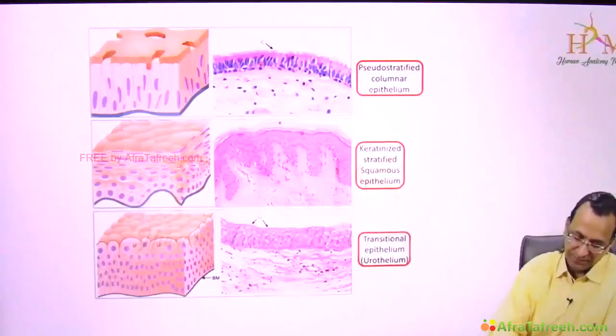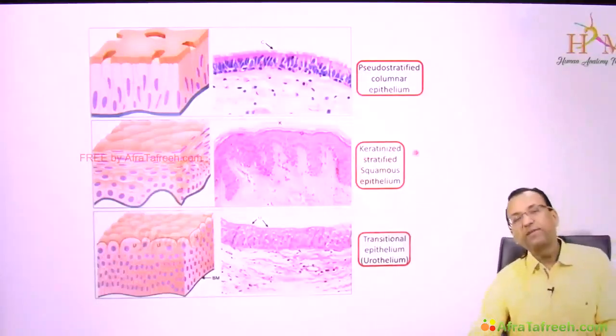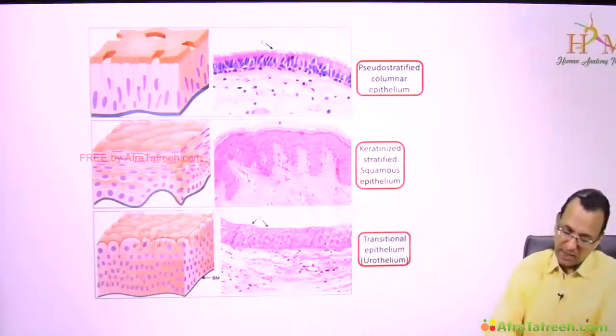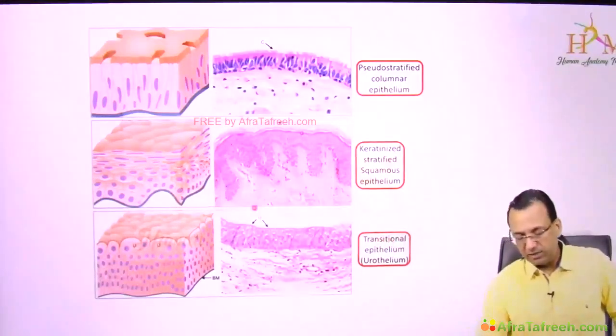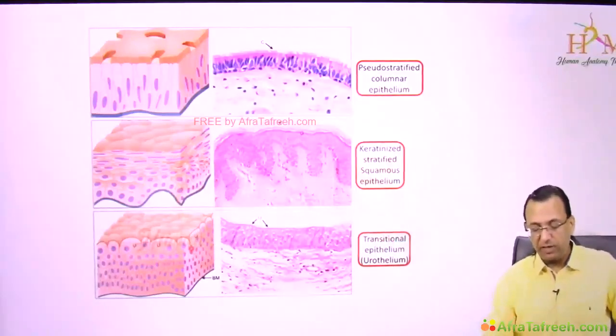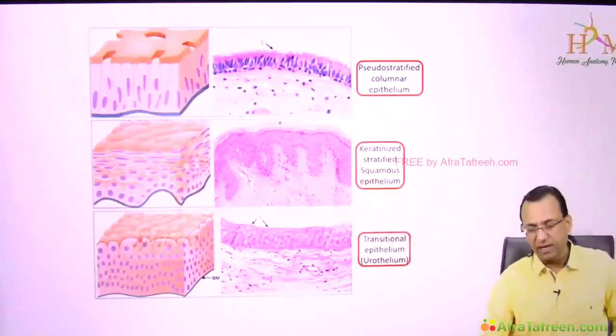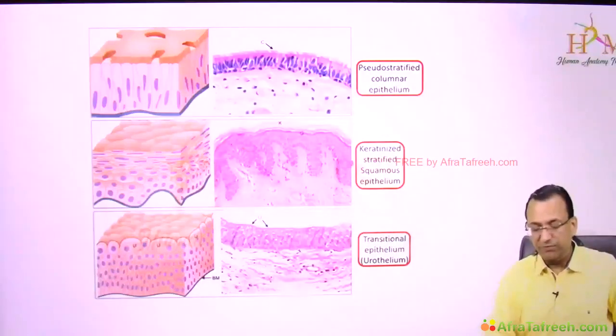How do you identify if it is stratified squamous, and how do you identify if it is transitional? Transitional means the cells towards the lumen are umbrella shaped. They are globular, but that is not seen in the stratified squamous. They are flat cells.